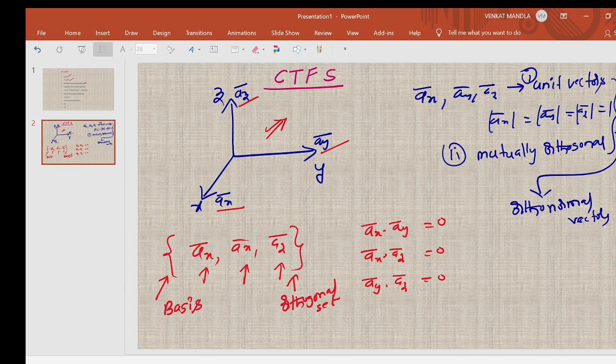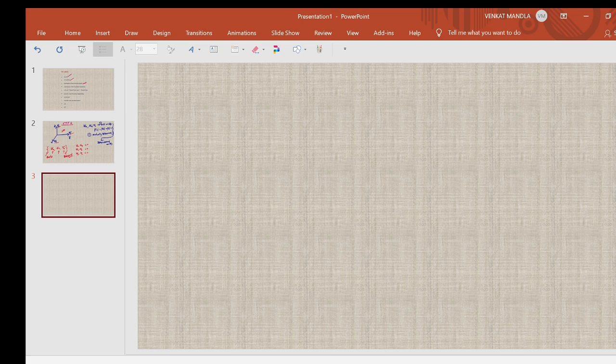If the number of vectors equals the dimension of the vector space, and they are mutually orthogonal, then I can represent any vector, let us say some f bar, as a linear combination of these three orthonormal vectors.